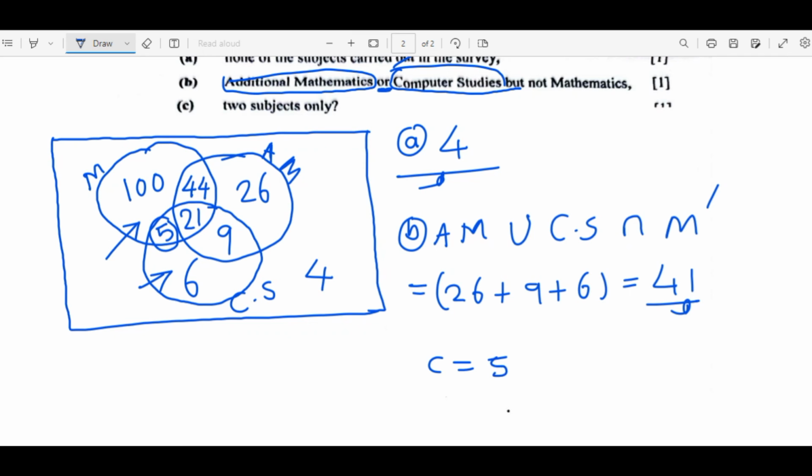So 5 plus, the second one is 9, because 9 did ADMA and computer studies, plus, 44 did maths and ADMA. So 44. So if we add 44 plus 9 plus 5, I'm getting 58 as my final answer.